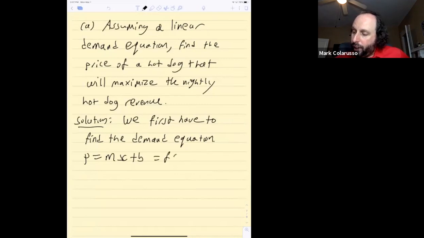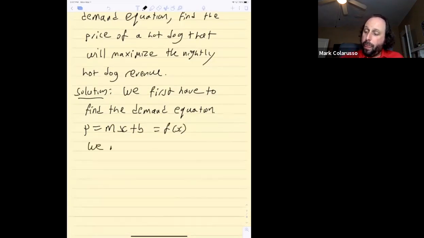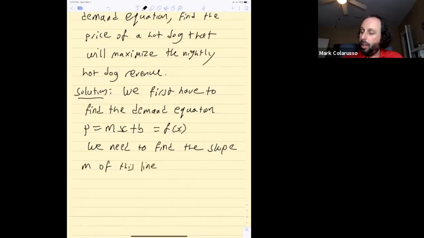So this is f of x, and it's a line. So we need to find the slope m of this line and the y-intercept b.